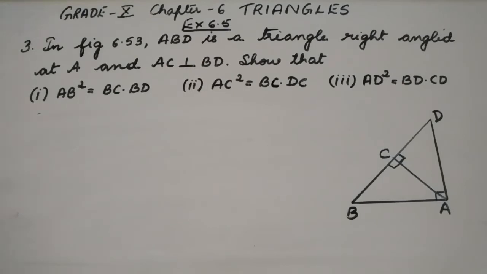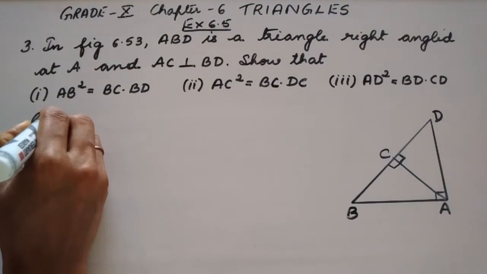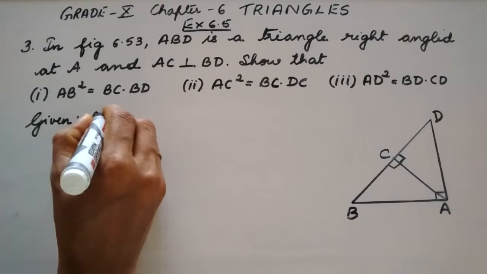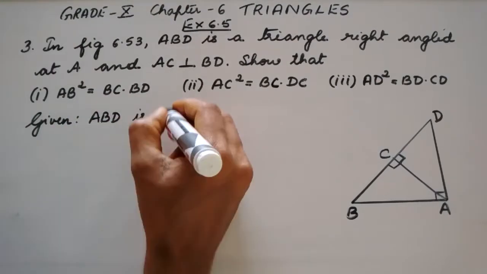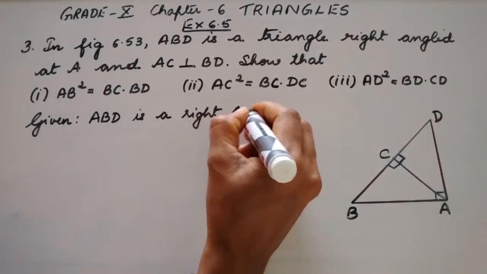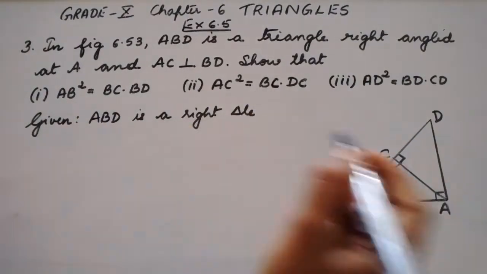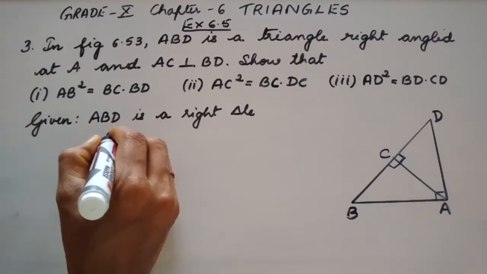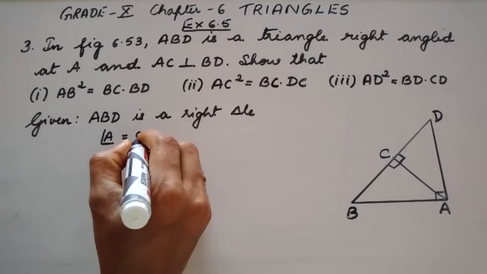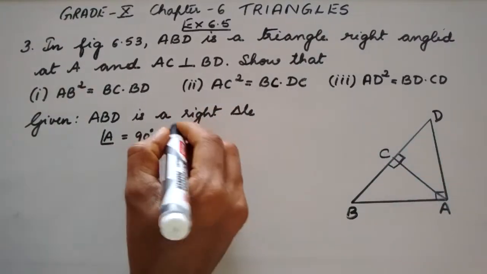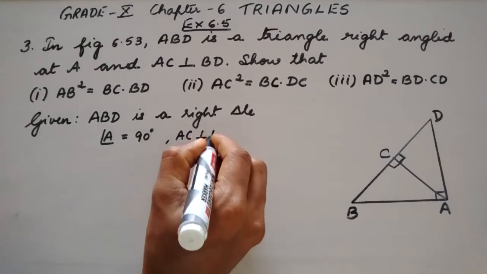So first let us write the given part. Given: ABD is a right triangle and it is right angled at A. That is, angle A is equal to 90 degrees and AC is perpendicular to BD.